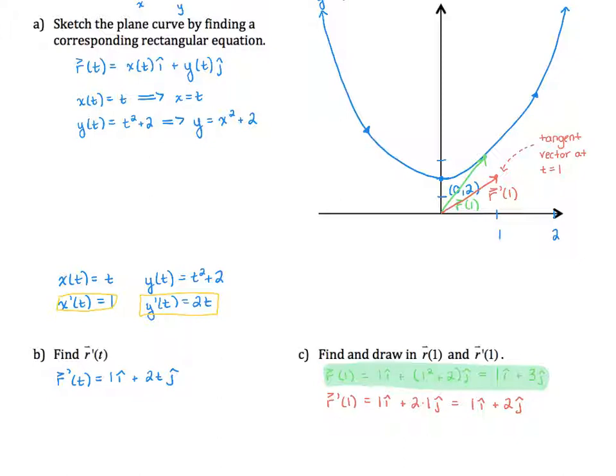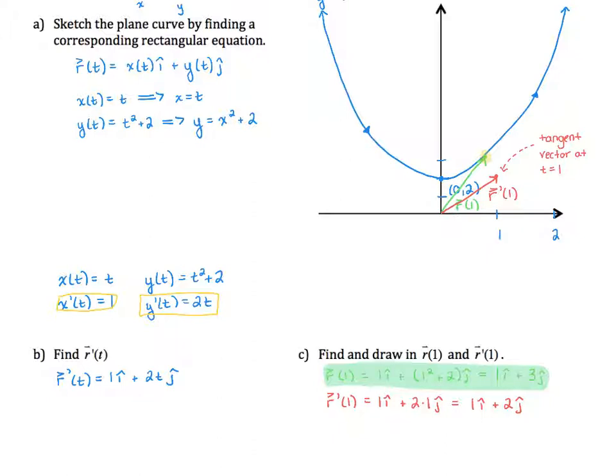Well, something should strike you as odd at this point. Because at t equals 1, we were directed to this point right here. Why does our tangent vector not look tangent to the plane curve?